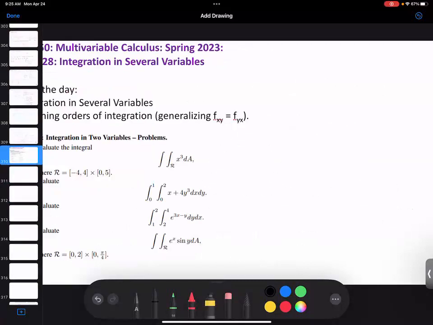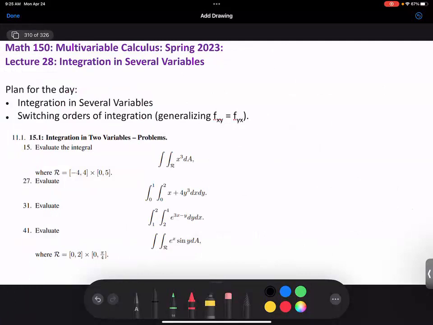So if you look at the homework problems, it asks you to find the integrals of a couple of standard functions. Oops, there should probably be parentheses around this just to make it clear. And so we just want to figure out what is the integral, and all of these are over rectangular regions. So in all of these problems, because the values are always finite and the regions are always finite, you can choose which way to integrate.